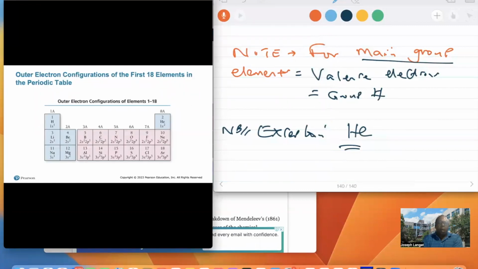So for electron configuration, if you look at the outermost, highest n value, they have 1 valence electron, 2 valence electrons.